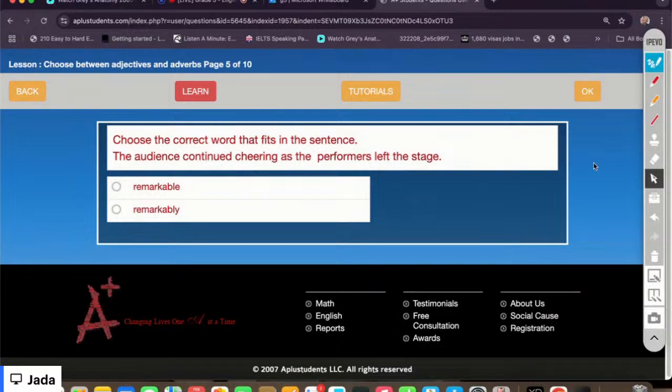Okay, so the audience continued cheering as the dash performers left the stage. So remarkable performance or remarkably performance, which one?